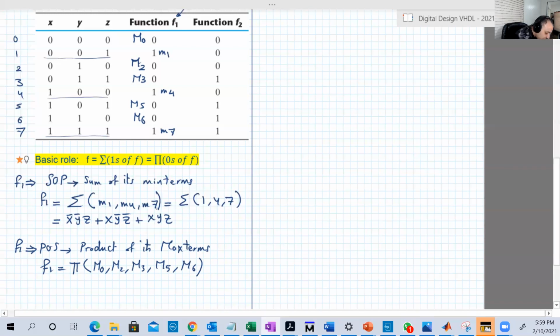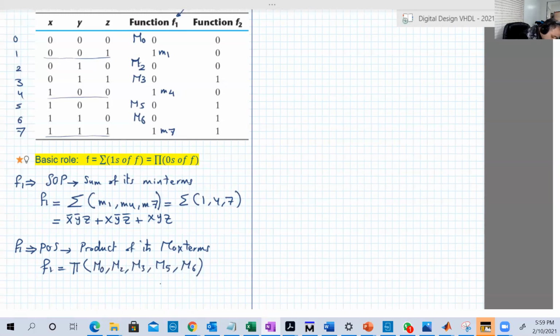So we have here 3, we have here 5, because basically the minterms are the ones. So if you have 3 ones, then for sure the rest, which is 8 combinations, should be 5 zeros.